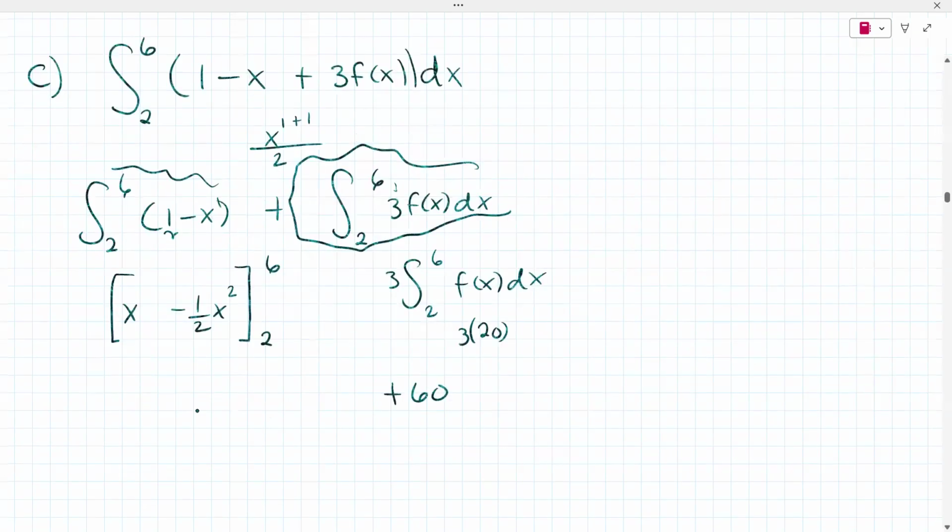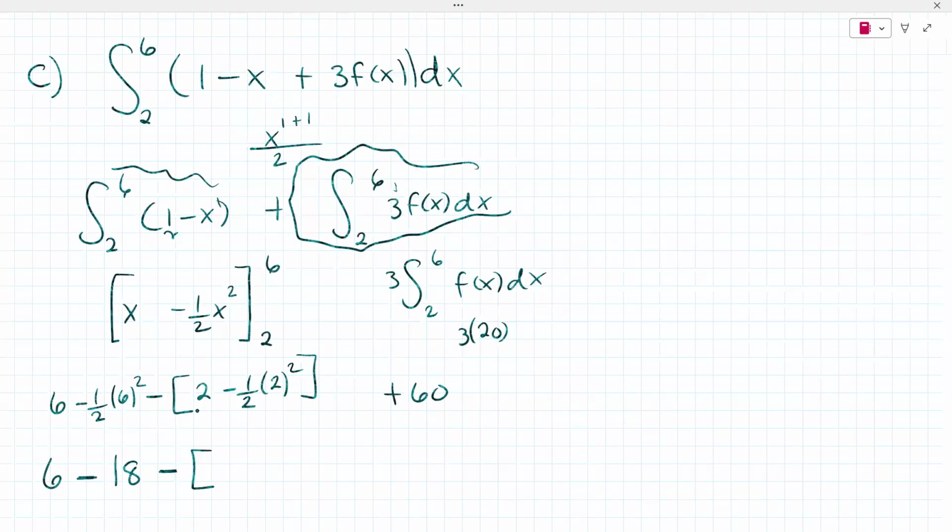And then let's apply the fundamental theorem for this part. So do upper minus lower, so that will be 6 minus 1/2 6 squared, minus bracket 2 minus 1/2 2 squared bracket. That's 6 minus 6 squared is 36, divided by 2, which is 18, minus bracket, and then this is 2 minus 2 squared, 4, divided by 2 is 2.